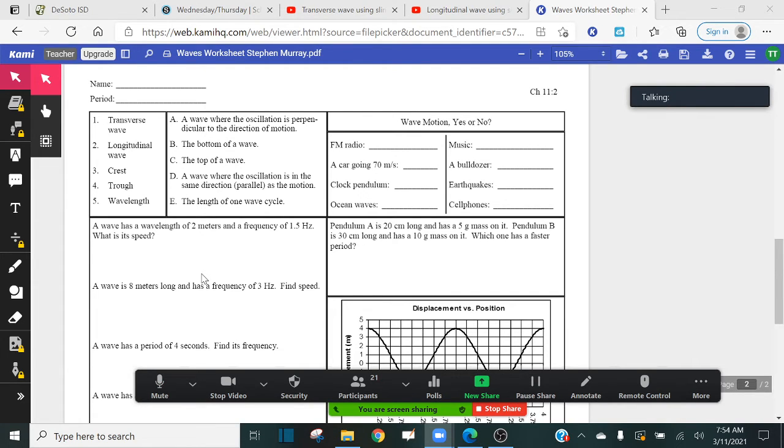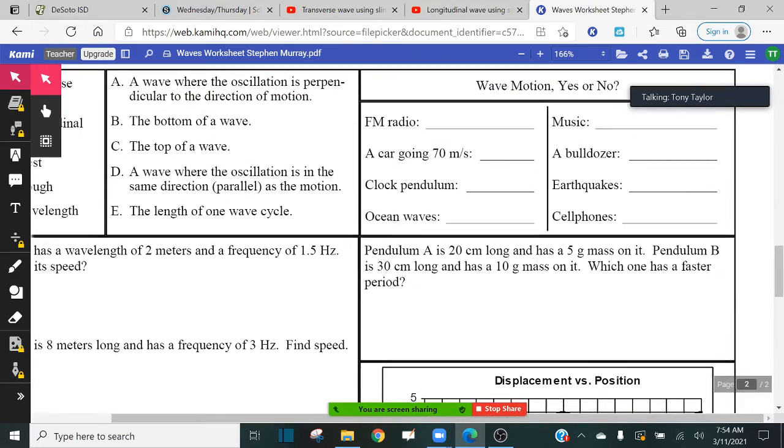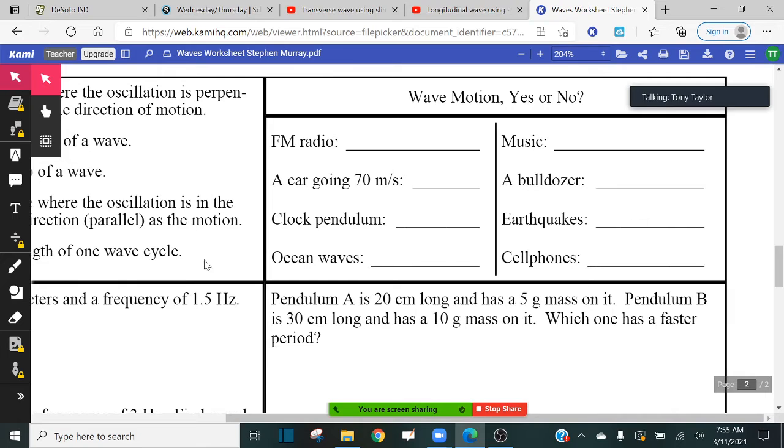Okay, so guys, let's start by looking at this section here where we're trying to figure out which of these represent wave motion and which of these do not. Look right here where it says FM radio. When you're listening to the radio, think about what you're listening to.